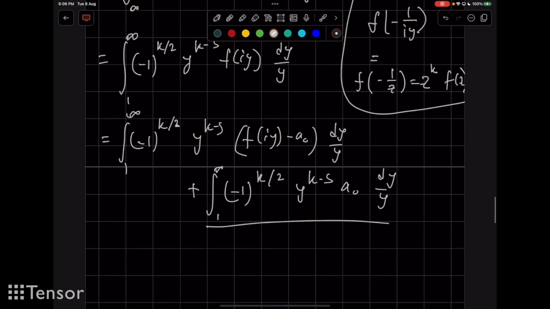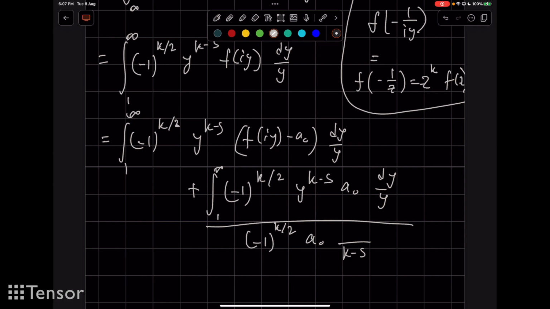Now, what is this integral? This is negative 1 to the power k over 2 a naught, right? Then y to the k minus s minus 1. So that is k minus s times y to the k minus s, right?